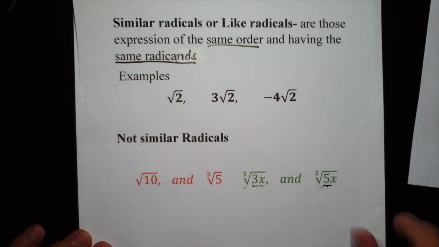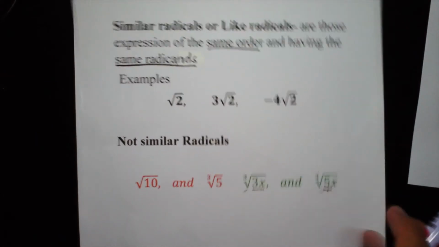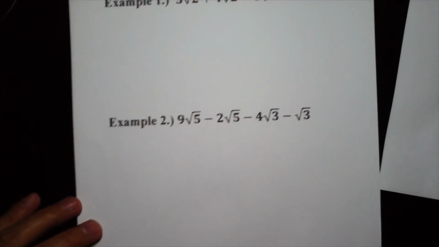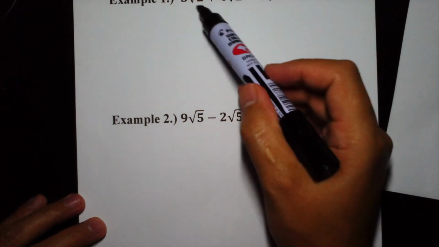Okay, so let's now move on to the addition and subtraction of radicals. We have here example number 1. In adding and subtracting radicals, make sure they are similar radicals. So let's examine first example number 1.